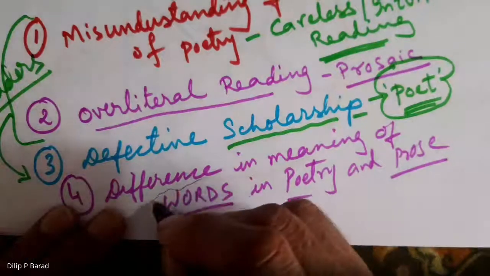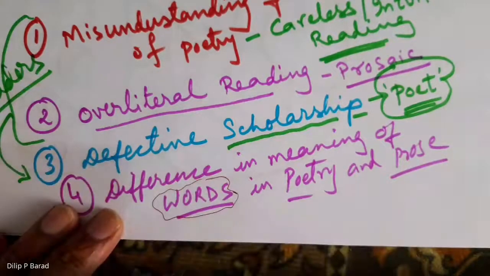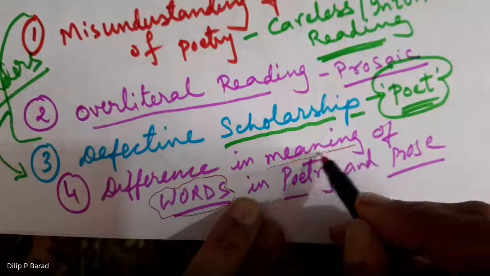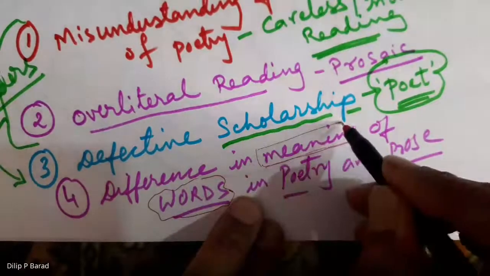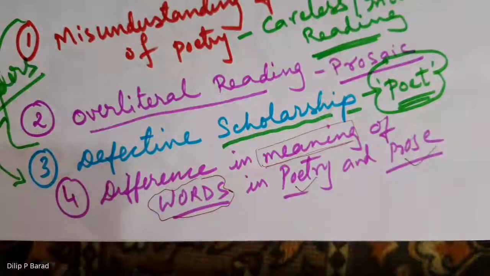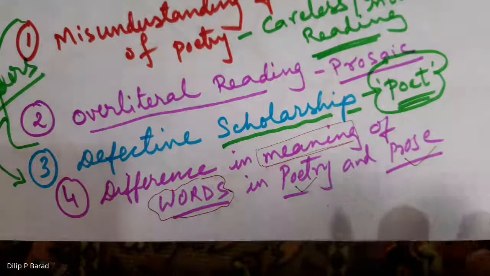When we see the words, how do we see that the words can mean separate things in poetry and in prose? So this point you have to keep in mind, and you have to give more examples to see how this is happening. When you analyze a poem, you can always keep in mind that if the same words are in prose, they may mean something else.